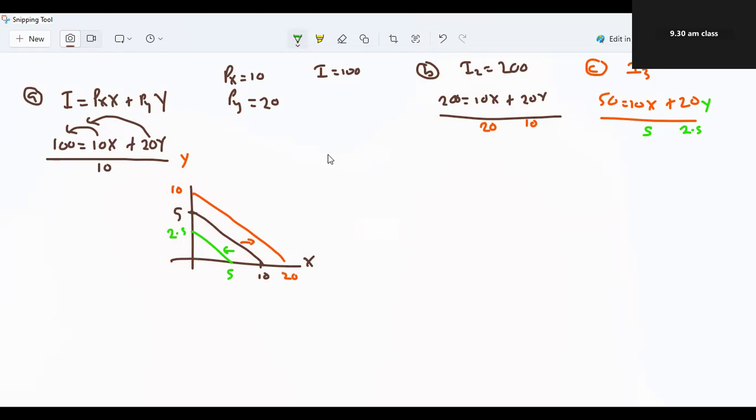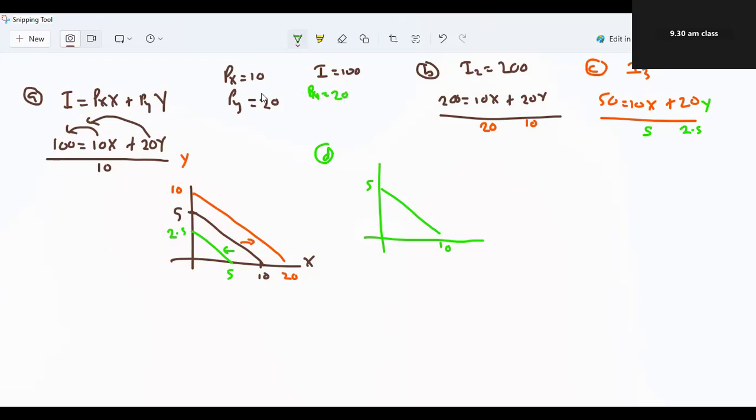Now, at D, suppose from the original that we had here, it was starting at what? 5 and 10. So suppose instead here, our price of X has increased from 10 kwacha to 20 kwacha.